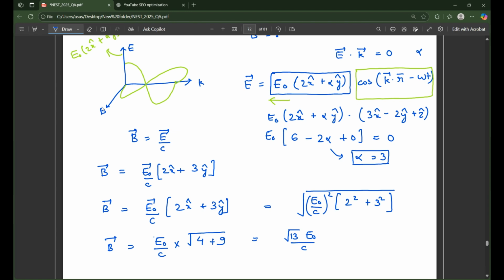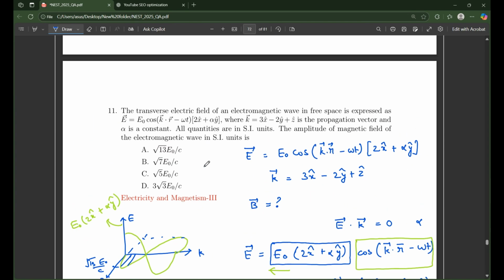That means this magnetic field vector can have its topmost point of the oscillatory loop either at root 13 E naught by C or minus root 13 E naught by C. So our answer is option number A. Let's do the solution.